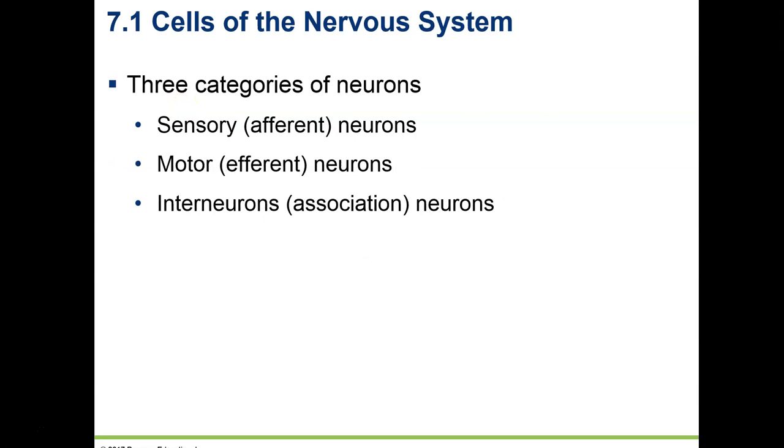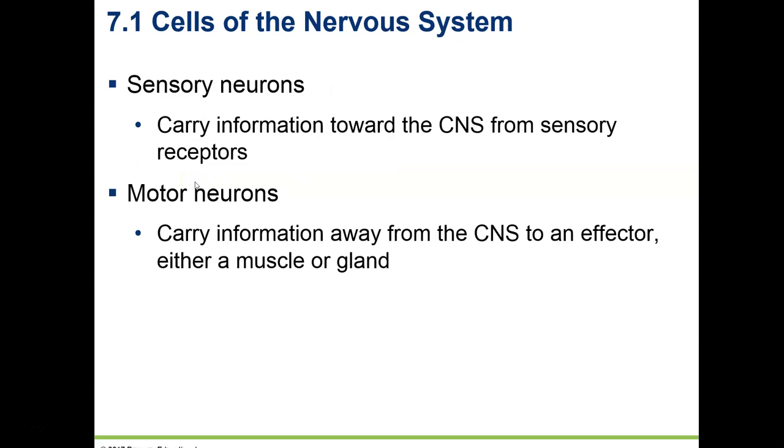There are 3 categories of neuron: sensory or afferent. A means adding, so bringing the information into the brain and the spinal cord, adding. Motor or efferent, E for exit, information going out through the neurons. Interneuron, inter in between, so interneuron is located between sensory and motor neuron.